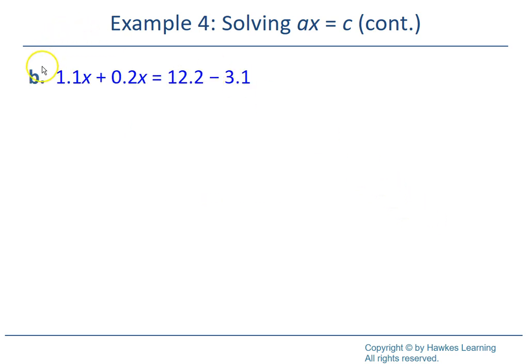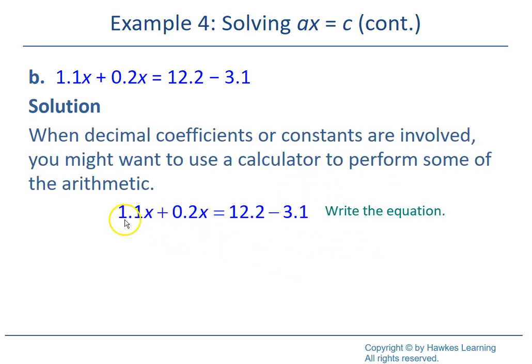Okay, so here we need to combine like terms. We're going to get a 1.x and a 0.2x, 1.3x, and we do this subtraction here to combine like terms, we get a 9.1.